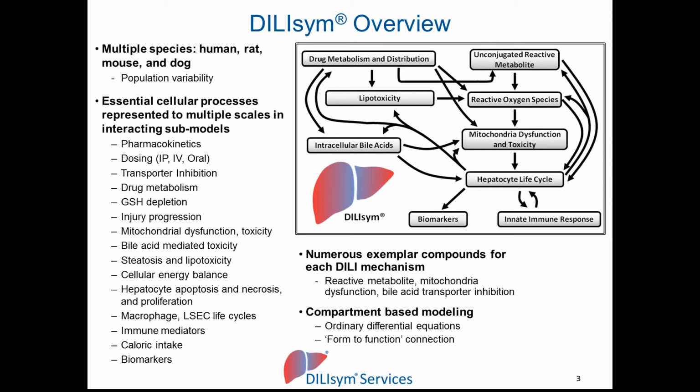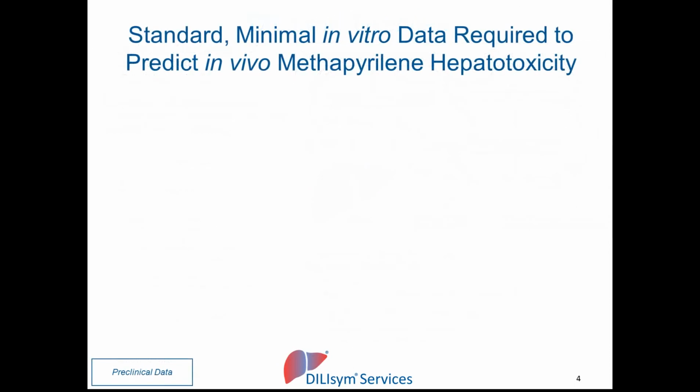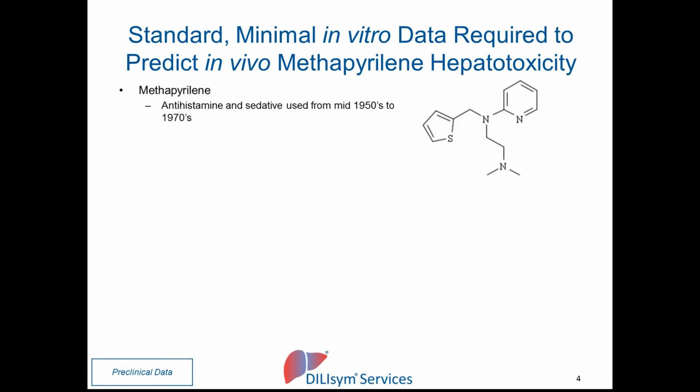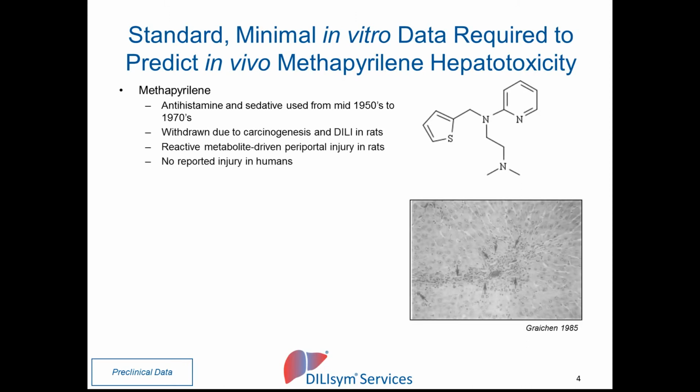So now that we have a brief overview of DILIsym, I'd like to go into the application example. This is focused on a drug known as methapyrilene. It's an antihistamine and a sedative that was available on the market into the 1970s or so, when it was withdrawn due to some examples of carcinogenesis and drug-induced liver injury in preclinical rat models.